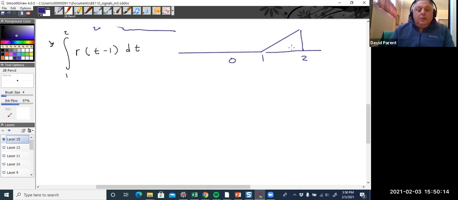But what helps is to show you how some of these limits are changed around. So in fact, I'm going to start with a lower limit of minus infinity.